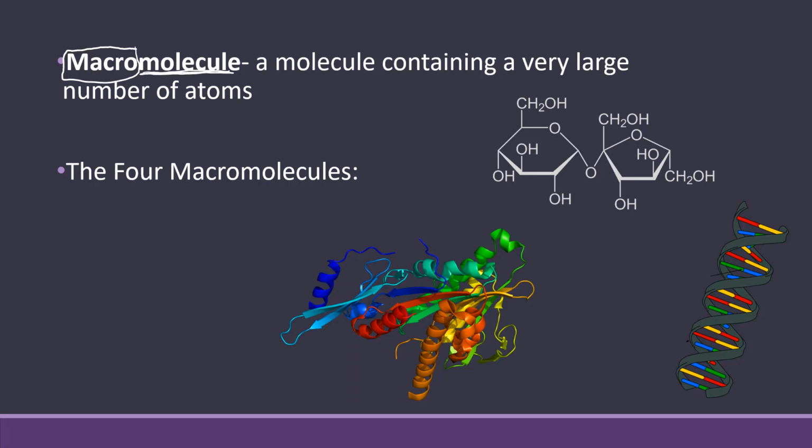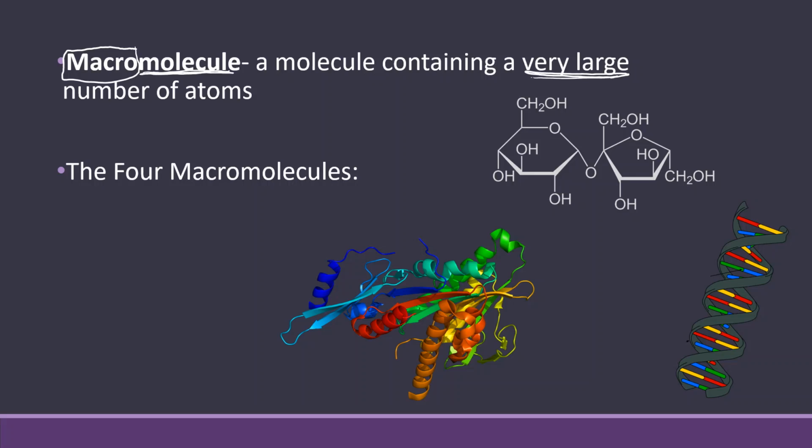So for this definition, it's a molecule that contains a very large number of atoms. The molecule itself is going to be large in comparison to the other molecules that we've seen. They're not going to be huge from our perspective, but compared to the other molecules we've talked about, they're much bigger.